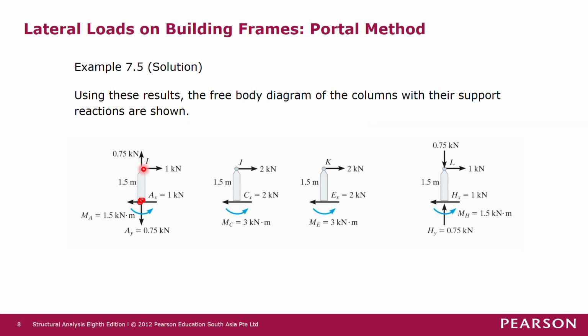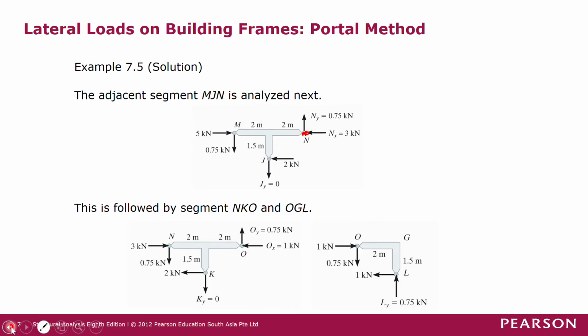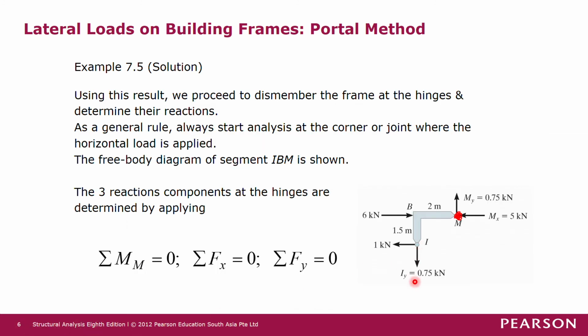So the shear must be going from left to right here, 1 kilonewton, and then the internal force in the column is going up 0.75 kilonewton. Okay, because one is action, one is reaction. So this 0.75 kilonewton must be in the opposite direction to this one.